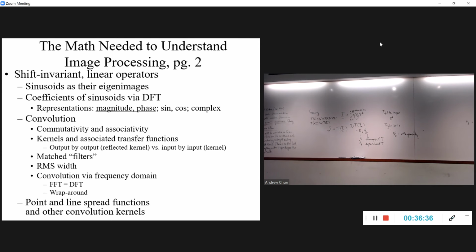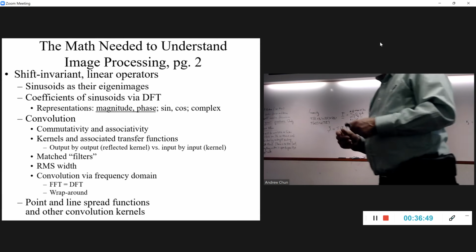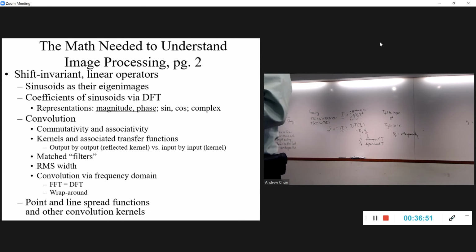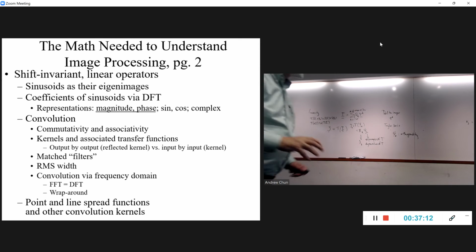But I am going to focus on the periodicity, the so-called wraparound problem, where when you work in the frequency domain, you understand that you're acting as if the image were periodically repeated. And likewise, when you're working in the space domain and you want to think about something that was originally understood in the, sorry, let me say that in different ways.